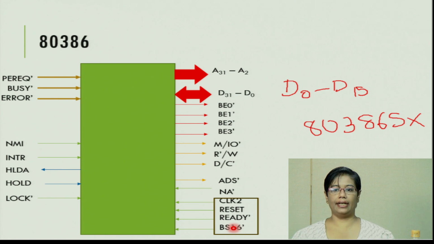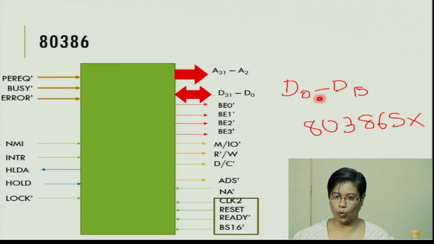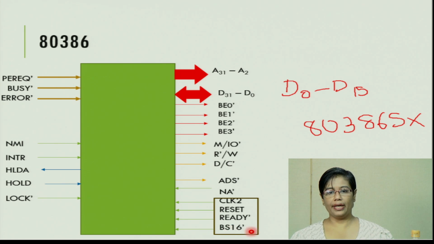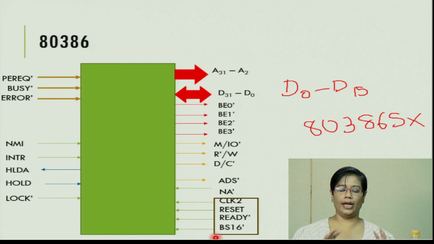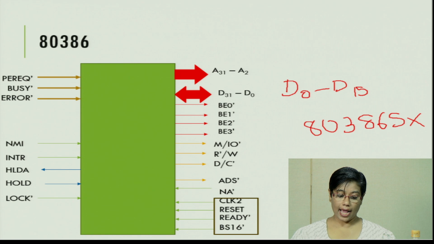You'll only have data lines D0 to D15. Data lines D16 to D31 are not going to be available. But if you make this high, then all 32 data lines D0 to D31 will be available.